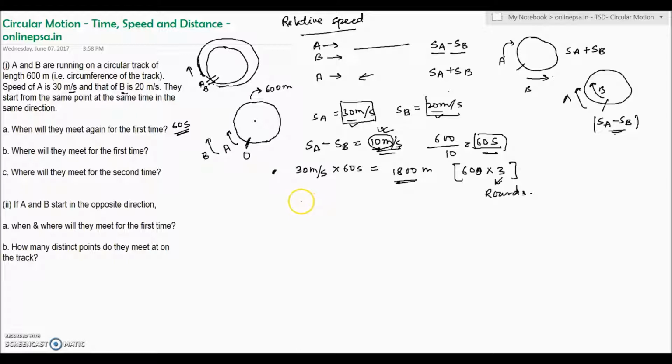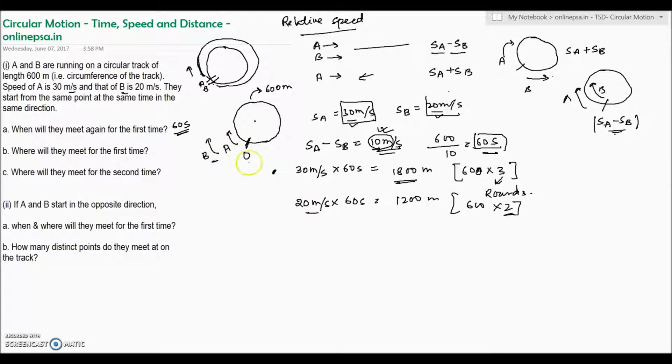How about B? If you just multiply the speed of B with the time, you will get 1200 meters, which is nothing but 2 times the entire circular track.